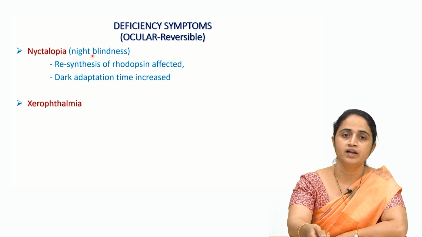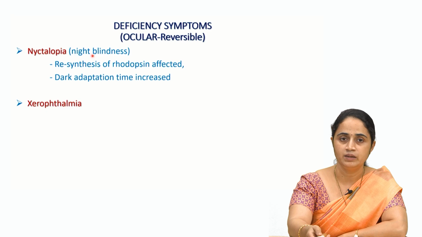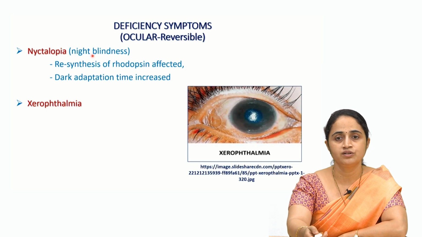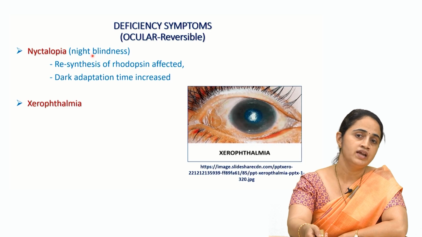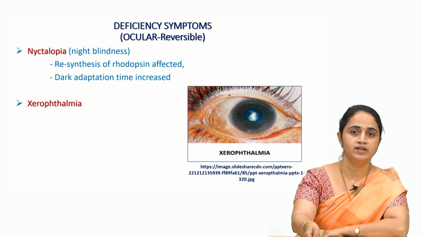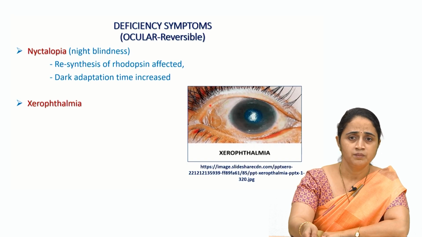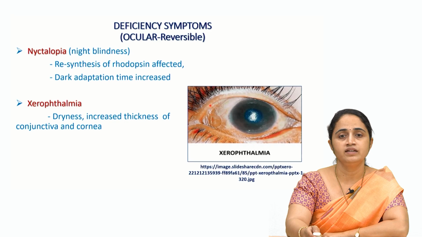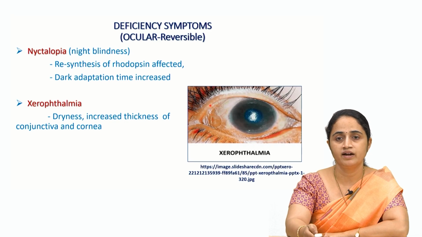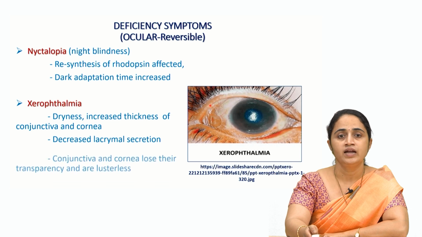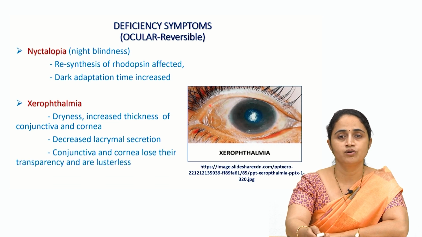If nyctalopia is not corrected on time, it may lead to xerophthalmia. You can see this picture, xerophthalmia is because of the dryness and thickening of the conjunctiva. You can see here the membrane of the conjunctiva looks very dry, with increased thickness of the conjunctiva and cornea, leading to decreased lacrimal secretion and losing their opacity, and it becomes lusterless.